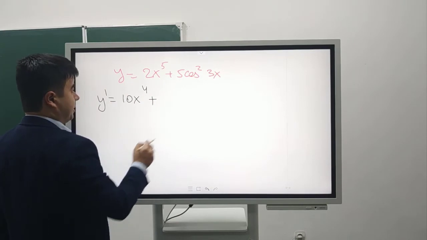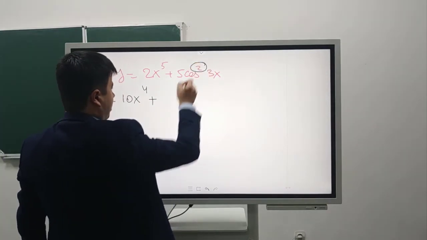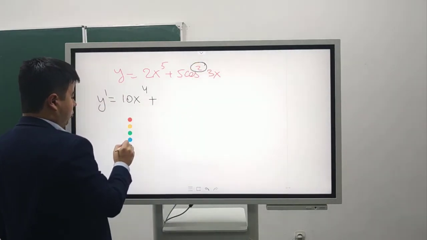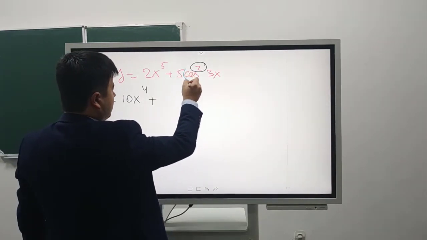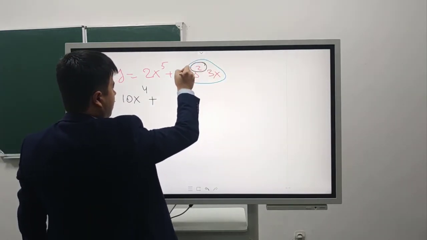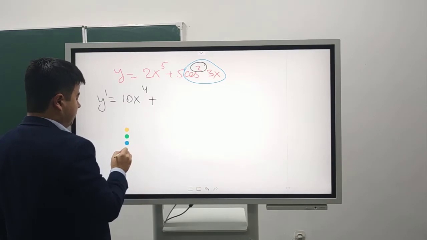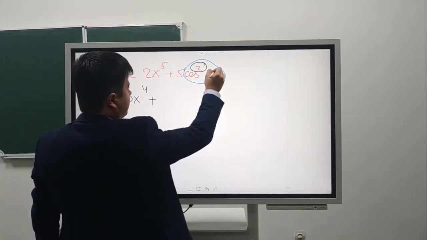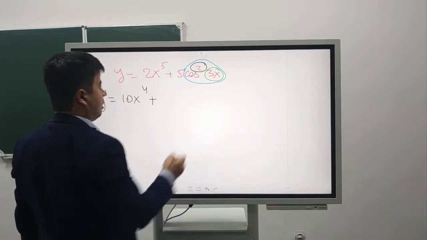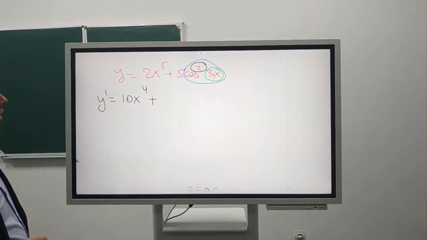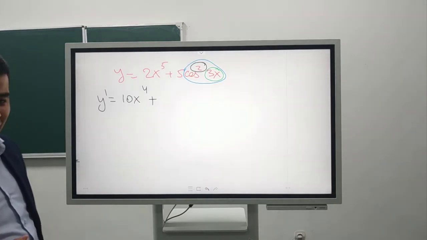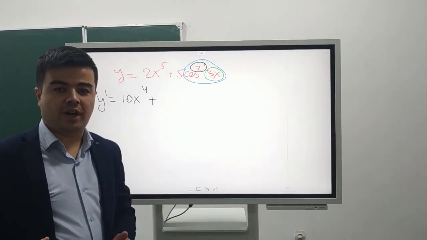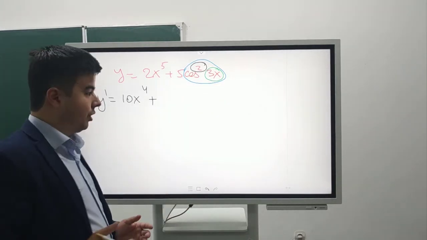The main one is this one, power. The next one is cosine. And the next one is 3x. So we have a composition of 3 functions, we can say.